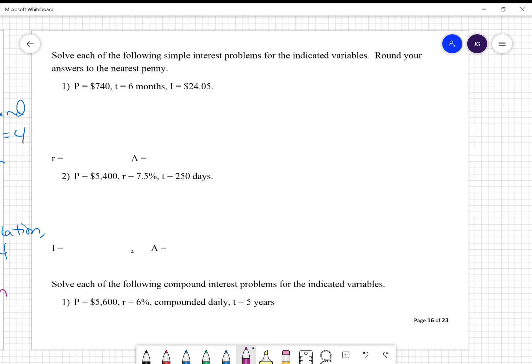Solve each of the following simple interest problems for the indicated variables. Round your answer to the nearest penny. So simple interest, I equals PRT. We already know I is 24.05 equals principal is 740 times R, we don't know, times T, which is 6 months.